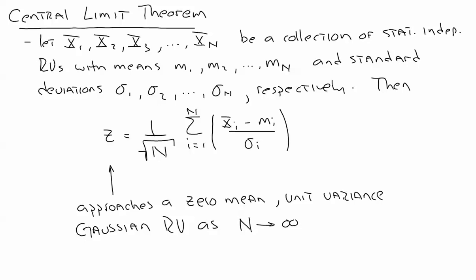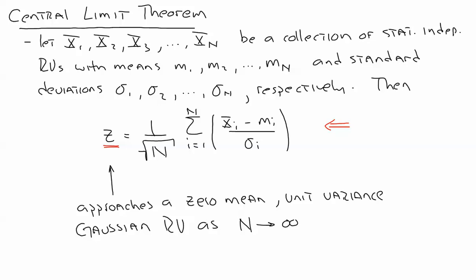So what the central limit theorem says is if I have a bunch of statistically independent random variables and I add them together in this normalized fashion, as I'm shown here, subtract off the means, divide by the standard deviations, add them all up, divide by the square root of n, turns out that that new random variable z, this one, approaches a zero mean unit variance Gaussian random variable as n approaches infinity.